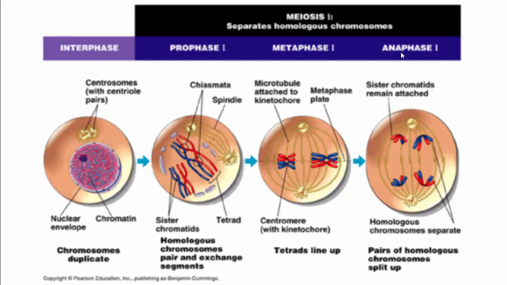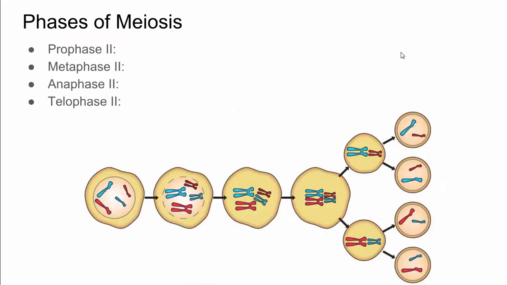They might cross over, like these two have. In metaphase, they line up together in partners along the middle of the cell. In anaphase, they start to get split up. So these chromosomes will be in one cell and these chromosomes in the other. So the homologous partners have been split in the first division.